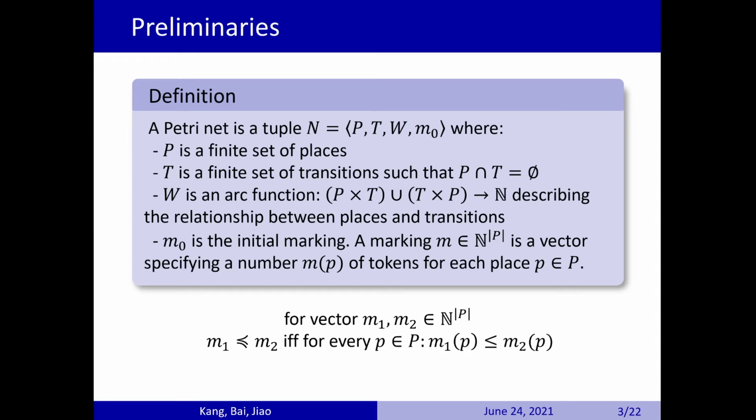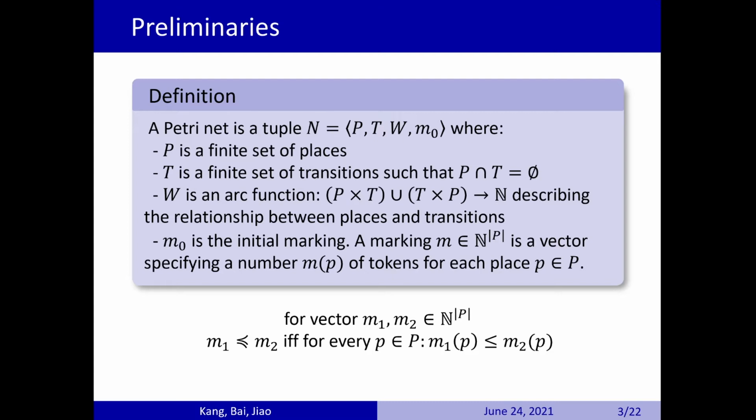The first part, preliminaries. We consider classic Petri nets. P is a finite set of places, T is a finite set of transitions, and W is an arc function describing the relationship between places and transitions.